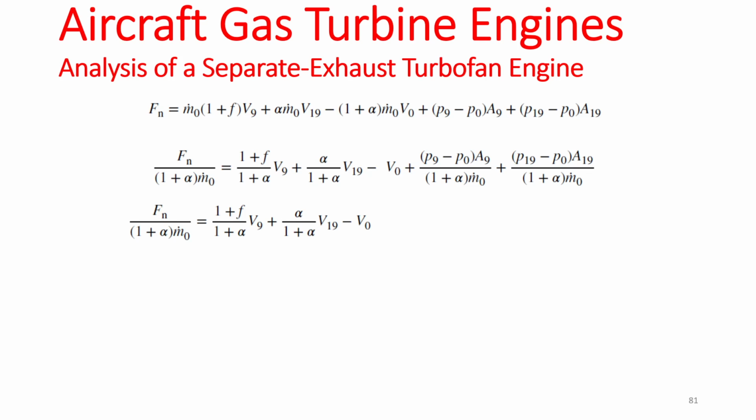And TSFC, the thrust specific fuel consumption, is going to be f over F of N, which equals f divided by F of N, or f divided by your specific thrust.